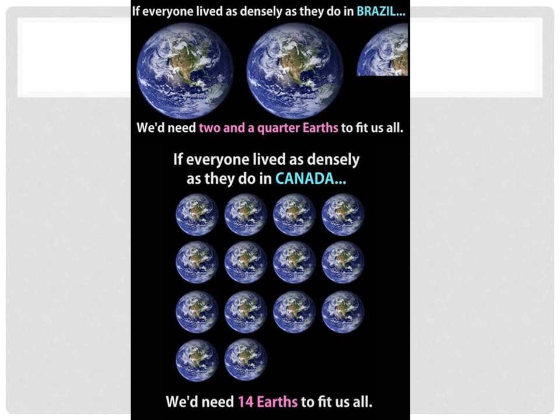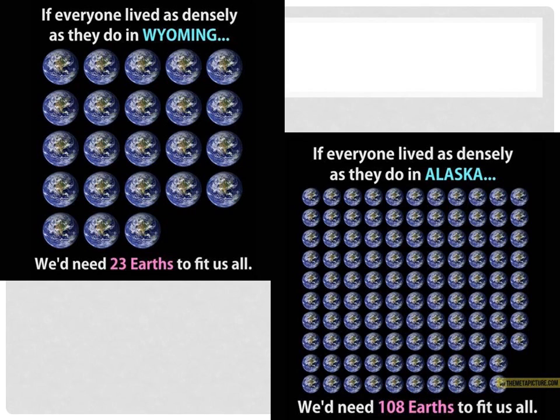Continuing that, if everyone lived as they do in Brazil, that's 24 people per square kilometer. We need 2.25 Earths. Continuing further, Canada, 3.9 people per square kilometer. You need 14 Earths. Are we going to stop there? Of course not. Wyoming, 5.1 people per square kilometer.